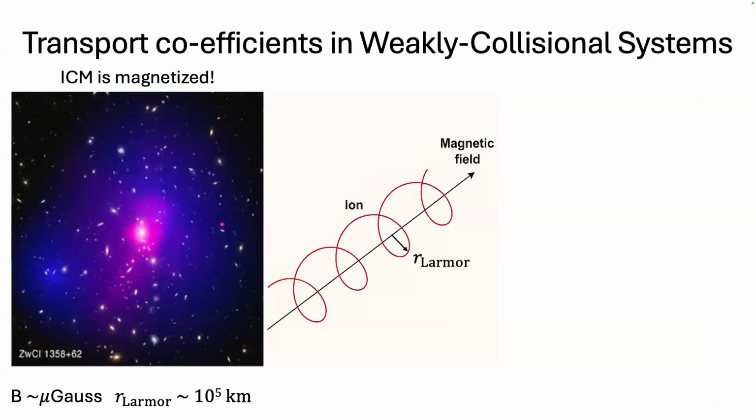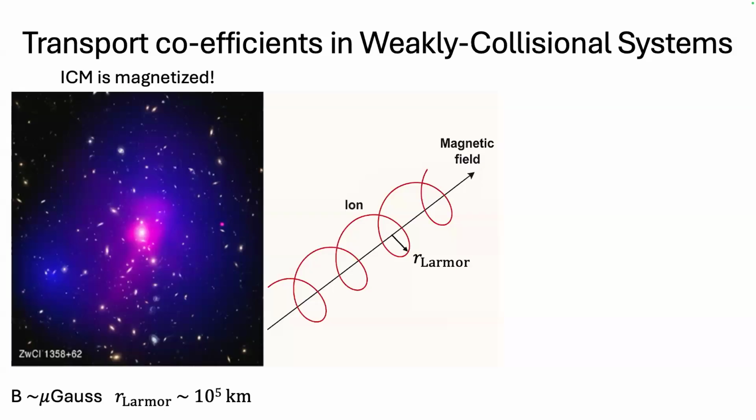Yeah. And this magnetic field in clusters also has some interesting consequences for transport properties and transport of heat and momentum in the ICM. So you can think of the ICM, and this is a magnetic field line. Now, say you have an ion, a proton, that's going to start gyrating about the magnetic field line.